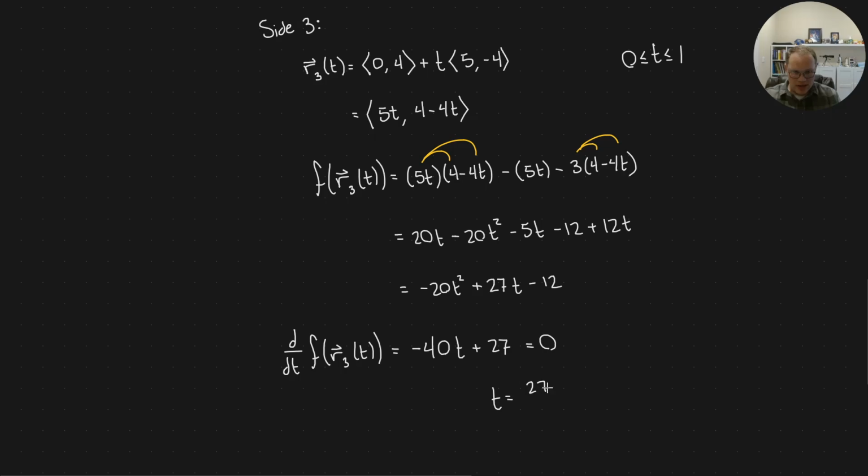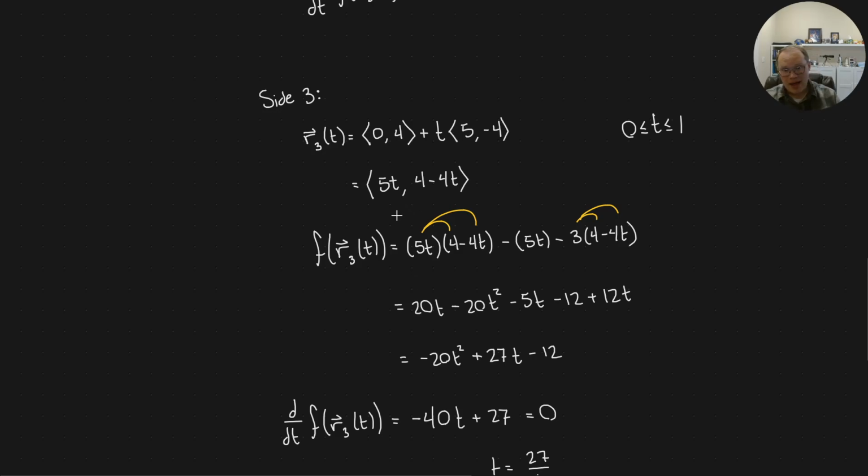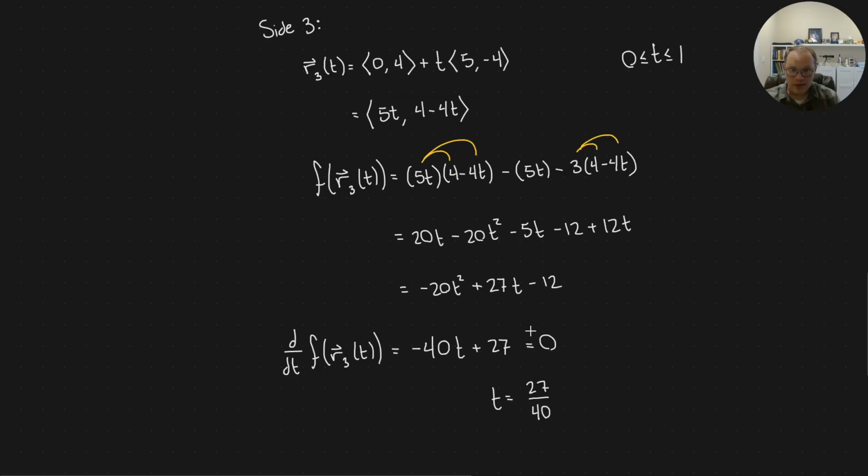I get 27 over 40. And unfortunately, there's no way to simplify that. Double check that it is in our range, right? And it is. It is between 0 and 1. So we do have a legitimate critical point here. Now, this is the t value of the critical point. We need to plug it back into our parameterization to find the actual point value.